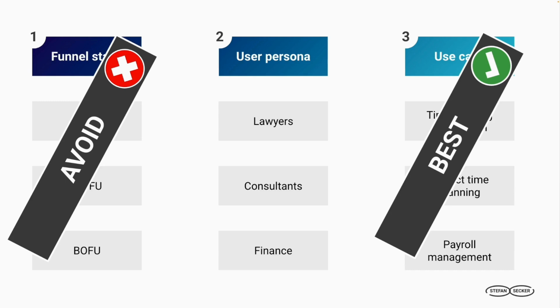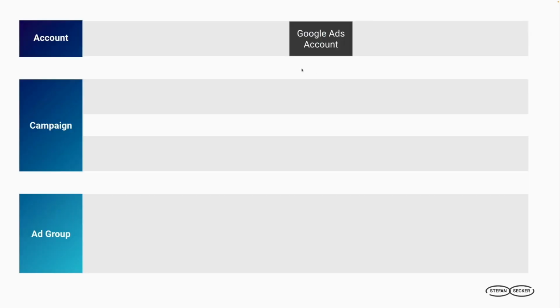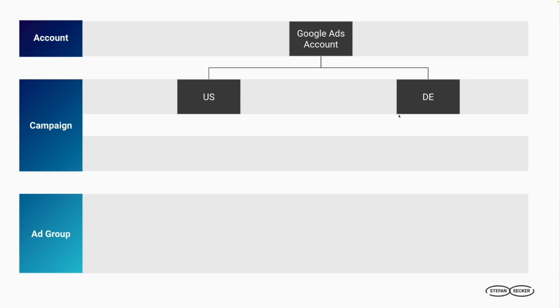So what would this structure look like? The highest level here is the Google Ads account. If you're not an agency, you probably will only need one of those. The second level are the campaigns, and the third level are the ad groups. So on the campaign level, we want to separate between the different regions, like United States and Germany here.